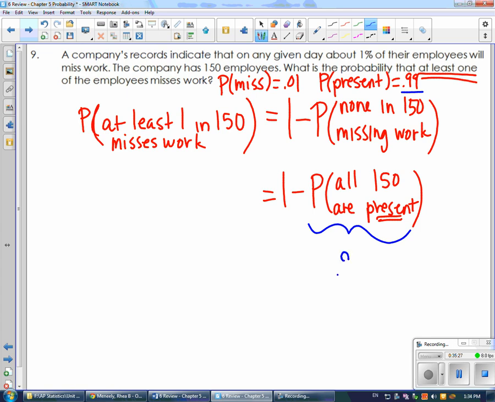So I'm looking at taking 99% times itself 150 times, or simply raising 0.99 to the 150 power. And then to finish answering the question, I need to find 1 minus that. And that's going to end up giving me 0.7785. So there's almost a 78% chance that at least one person is going to be absent or miss work.